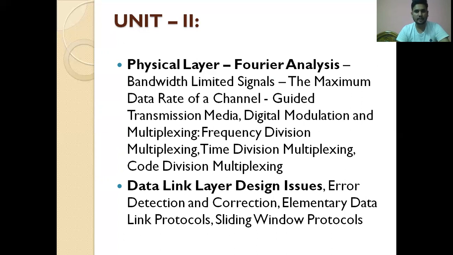What different channels do we use? What is meant by guided transmission media and what is meant by unguided transmission media? What different types of cables are there in guided transmission media is covered here in the physical layer. In unguided transmission media, we discuss the different multiplexing schemes. This is simply the syllabus of unit number 2.